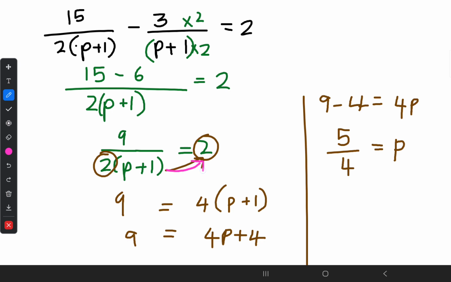I just made it a multiplication. Thereafter 2 times 2 is 4 times p plus 1 equals 9. Thereafter I shifted the positive 4 as a negative 4 here. Thereafter it will become 5. 5 divided by 4, that would be the solution for p.